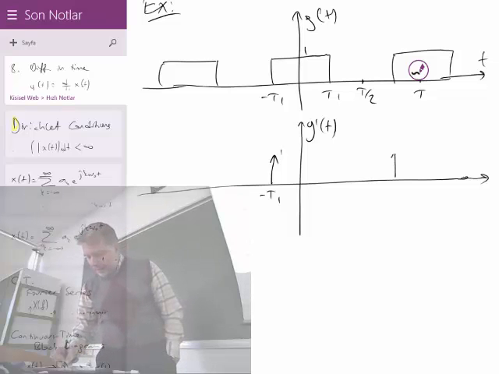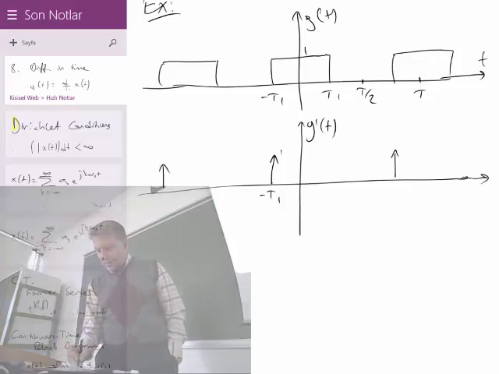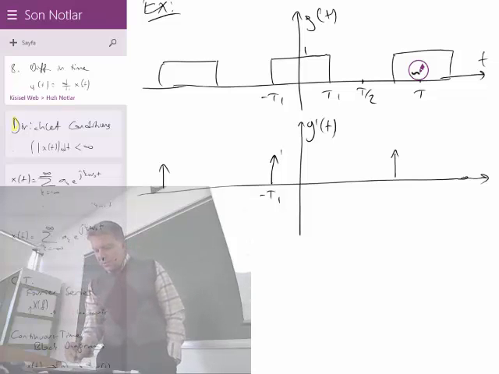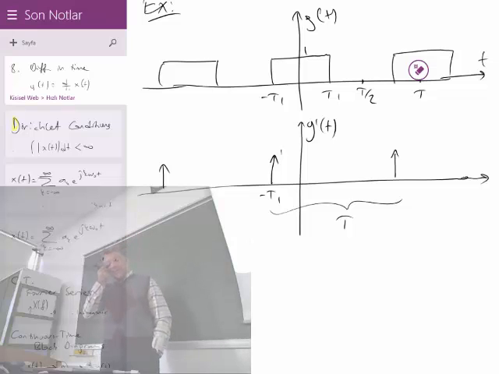Again here, another impulse. Here, another impulse. So the higher going places will have derivatives corresponding to this one with a period of capital T, not T1, capital T.